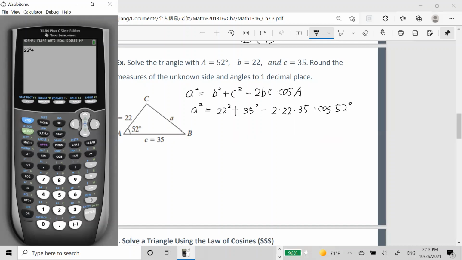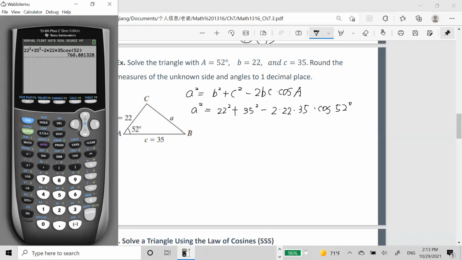And then plus 35 squared minus 2 times 22 times 35, and then cosine 52, close the parentheses. This is A squared, so let's take the square root.